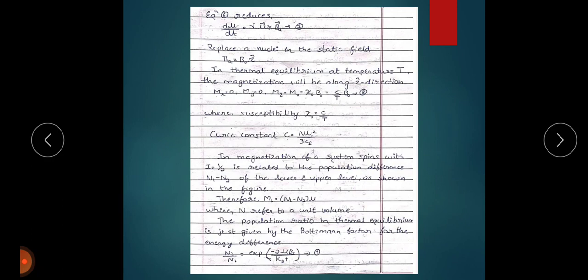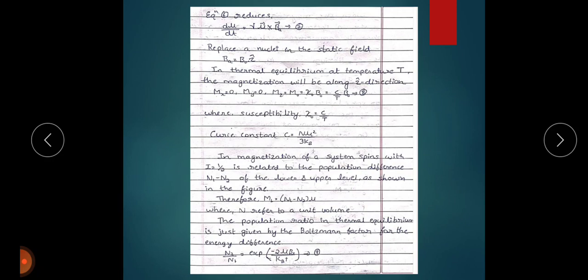Next, equation 6 reduces to d mu by dt equal to nu into vector mu into the applied magnetic field, vector BA, which is taken as equation number 7. And we place the nuclei in the static field.